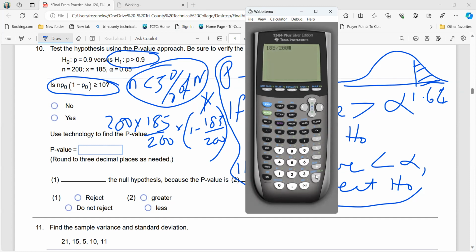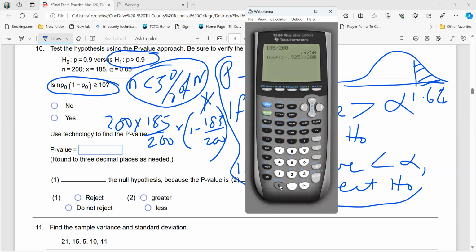And I have 0.925. Then I can multiply that quickly by the complement, which is 1 minus 0.925. That is the Q, and I get an answer, and I multiply by N, multiply by 200.